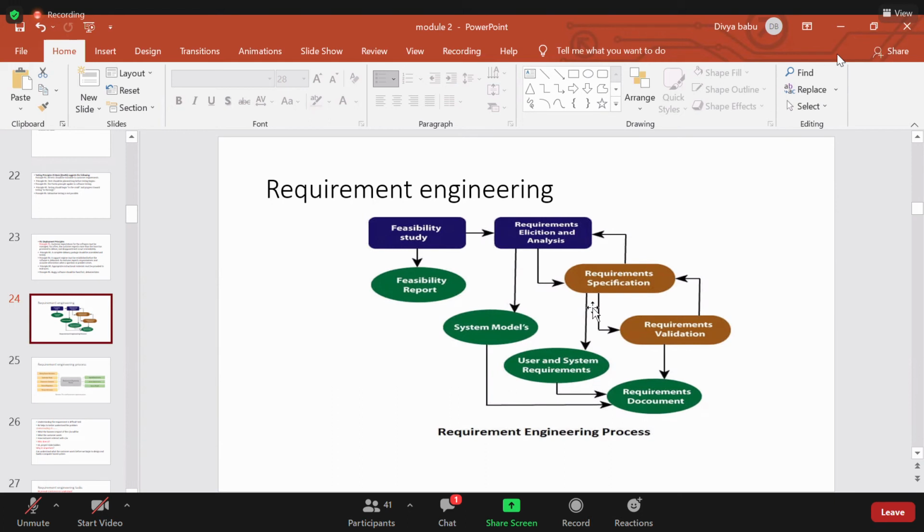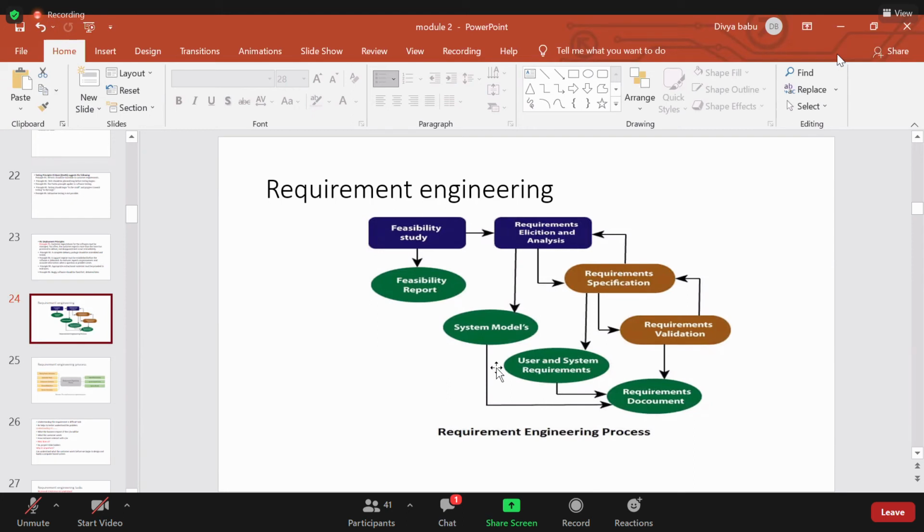Using the requirement specification document, you can go for the requirement validation phase. User and system requirements you can list out in the requirement specification: what are the user requirements, what are the system requirements, what are the hardware and software requirements, everything you can list out. The output of this phase is a document only, the requirement document.